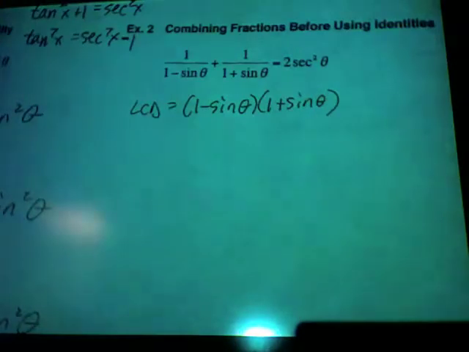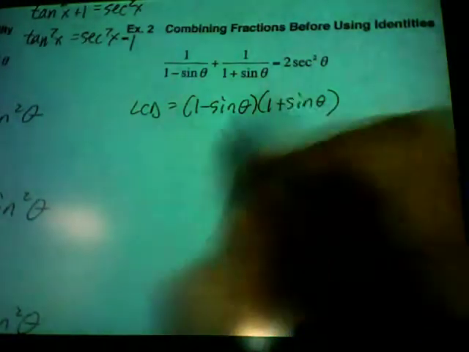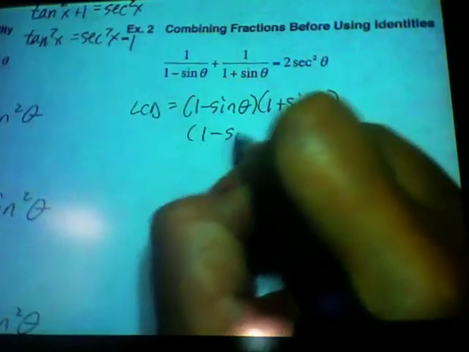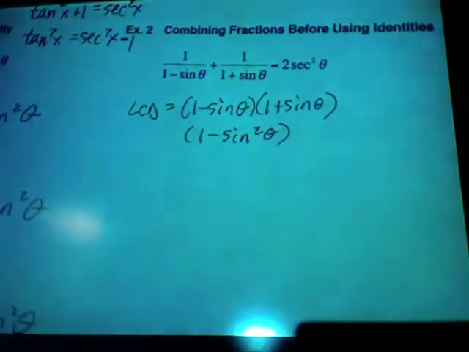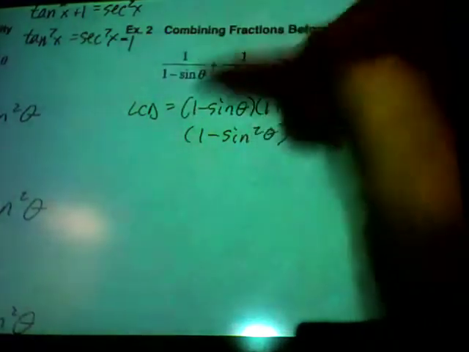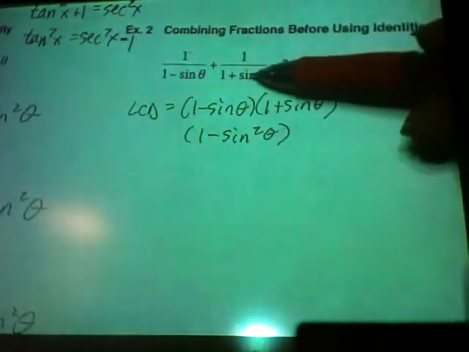Now, if we multiply that out, it's the difference of 2 squares factor pattern, so it really is 1 minus sine squared theta, right? That's what I would prefer you write once we do this. What is this fraction missing? The 1 plus. So we're going to multiply top and bottom here by 1 plus sine of theta.